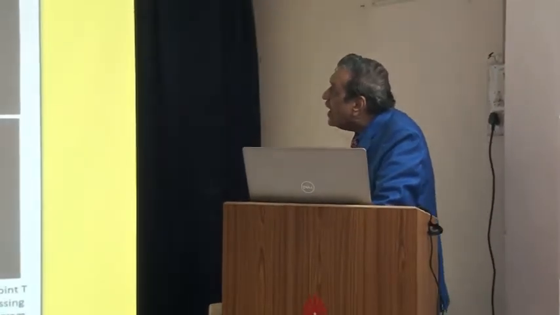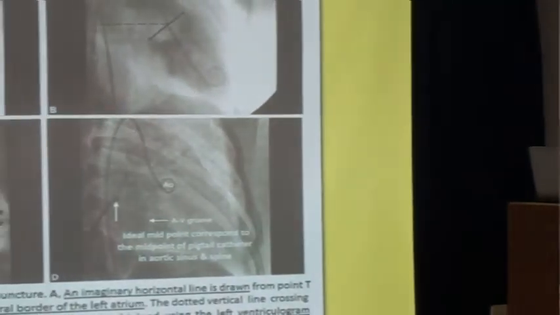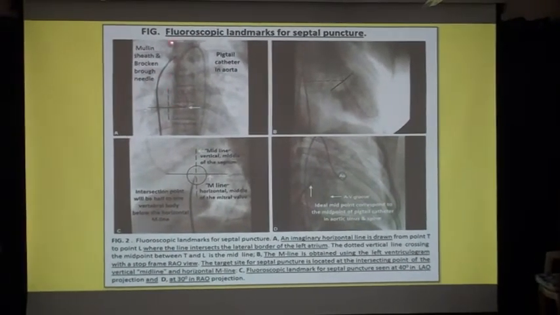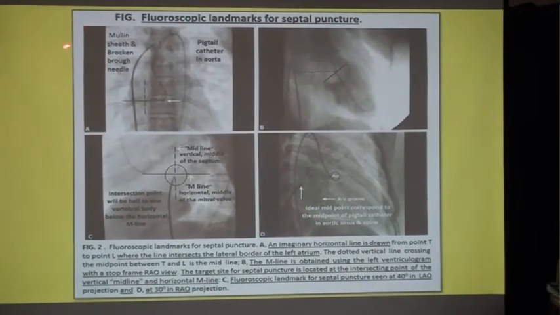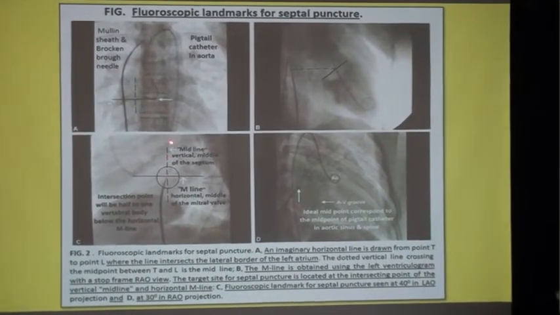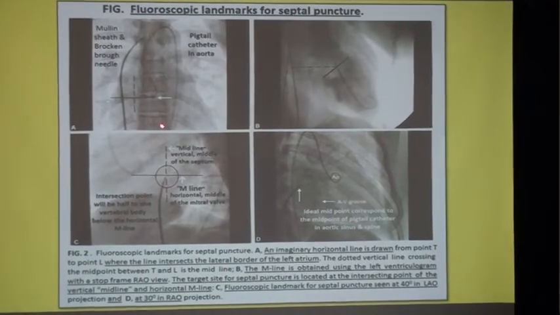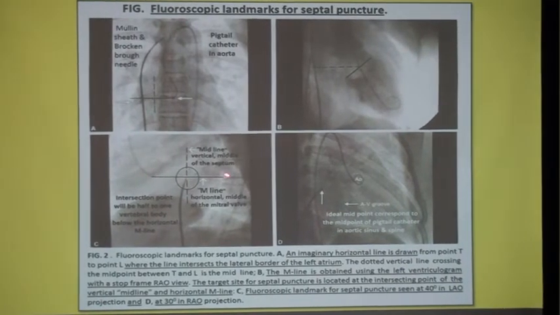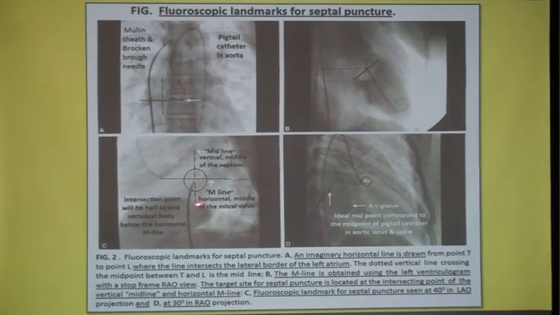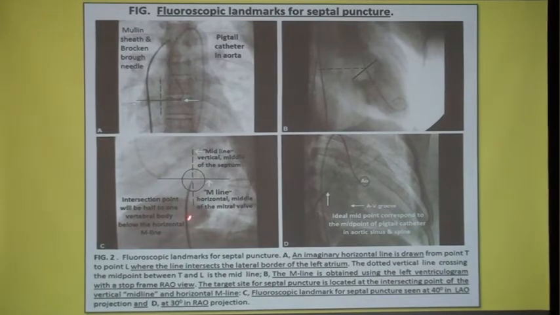So, this is the fluoroscopic landmark for septal puncture. This is your pigtail catheter in the aorta, and this is your Mullins sheath and Brockenbrough needle. You can see this is the midline, vertically the middle of the septum, seen fluoroscopically. This is the horizontal M line, the middle of the mitral valve seen fluoroscopically.